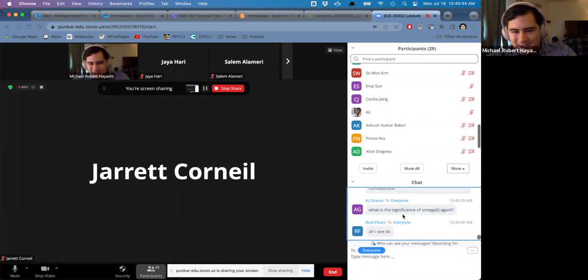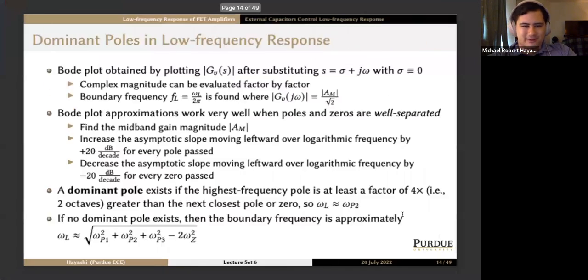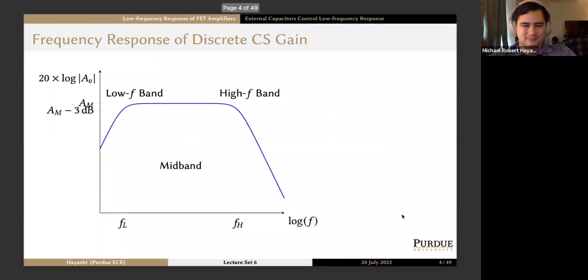Significance of omega, what's that in parentheses, AJ? Omega L? If we go all the way back to the very start, omega L is this half power frequency where it starts the low frequency band by being 3 decibels lower than the mid band frequency.